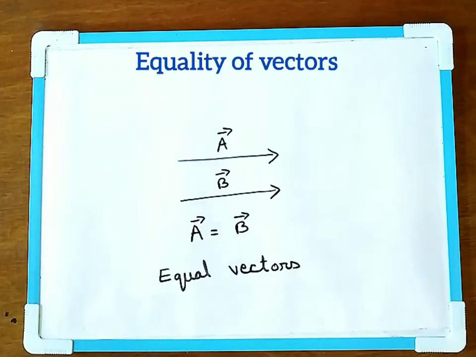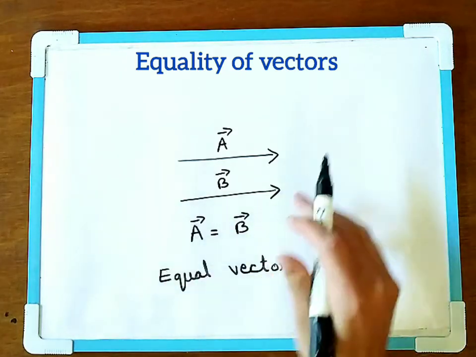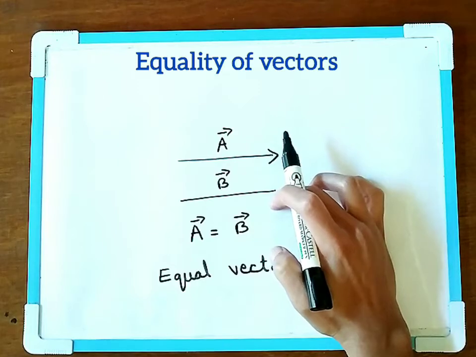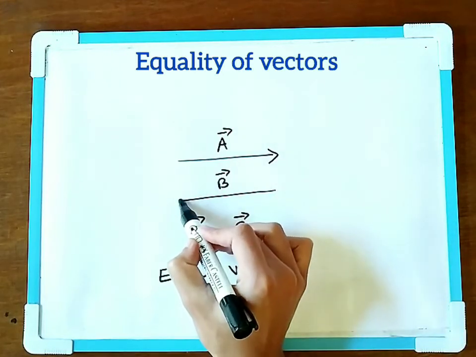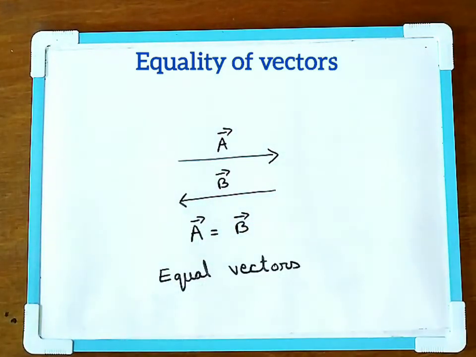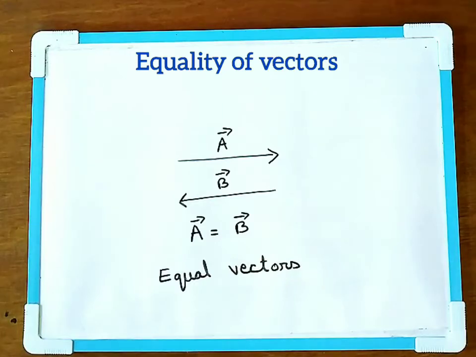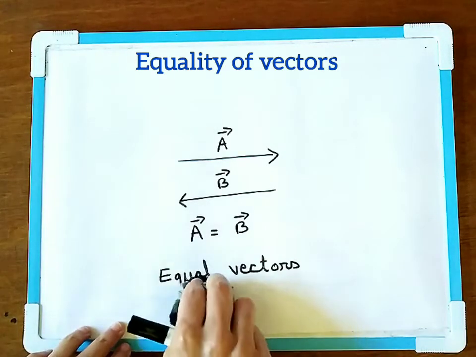Now suppose your vector B is in the opposite direction. Suppose it is parallel to this one, but it is in the opposite direction. Then in this case, the vector A has the same magnitude as the vector B, but the direction is different. A is in this direction, B is in this direction. So such vectors are called opposite vectors.